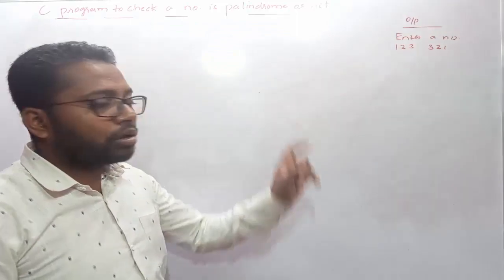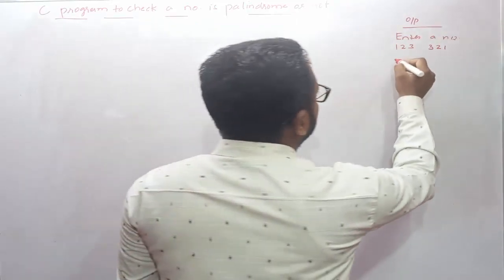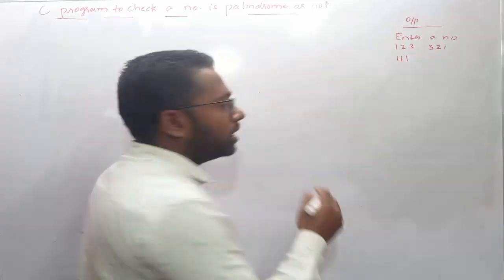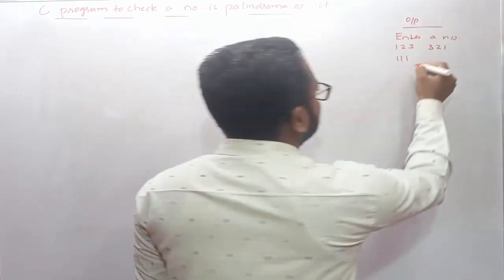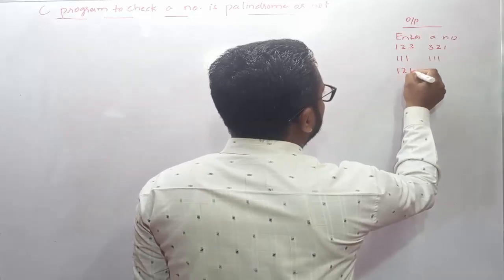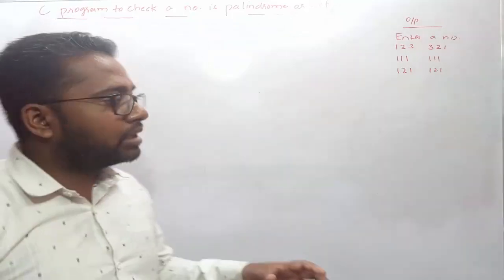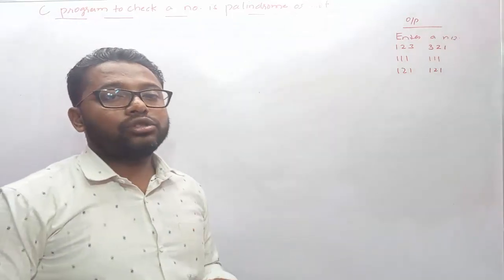That means this is not a palindrome number, whereas I have a number 1, 1, 1. If I reverse this number, I will also get 1, 1, 1. I have one more number, 1, 2, 1, and when I reverse it, I will again get the same number. So these are examples of palindrome numbers.